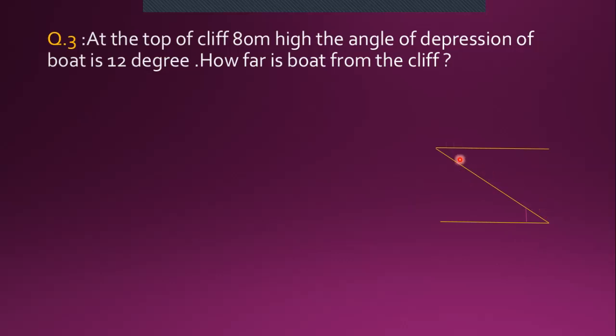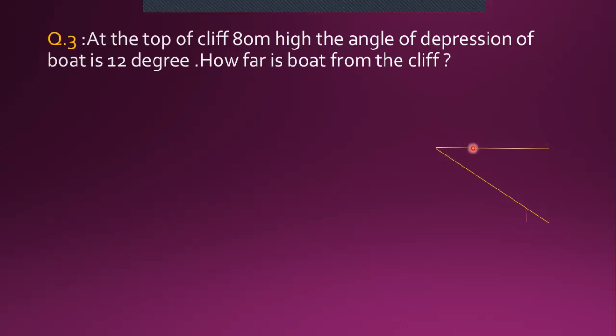Actually the angle of depression would be here, as you have seen in the definition, that if it is a horizontal line and the boat is at this point, you are looking, this is the top of the cliff, and you are seeing the boat which is at this point. So this is the ray which is from eye to object, and it is the horizontal line through the eye.